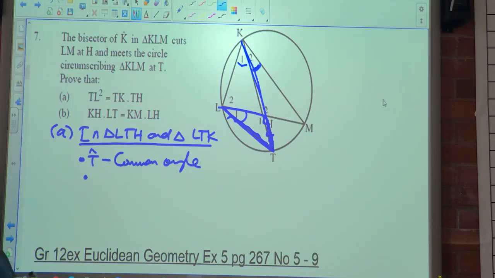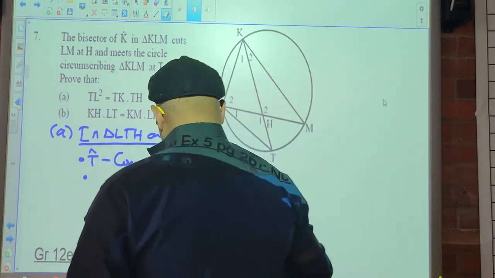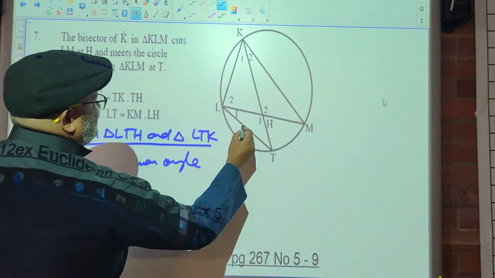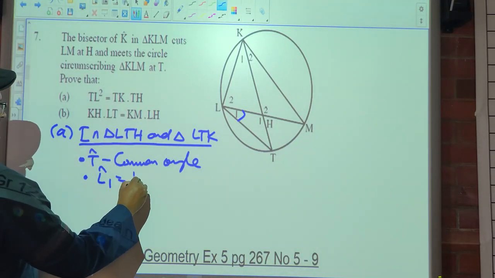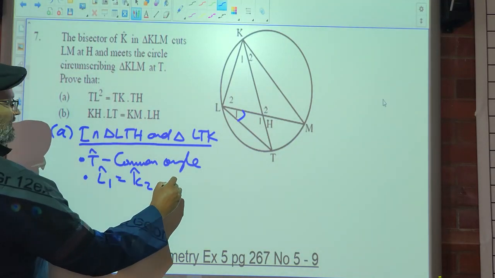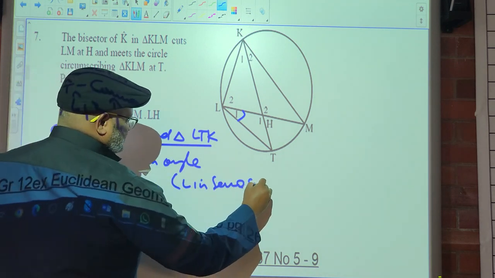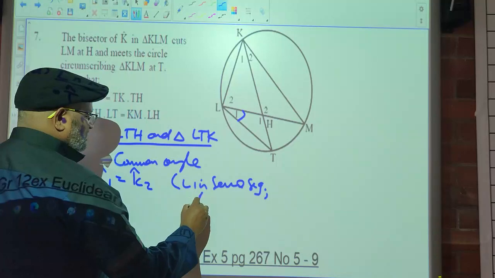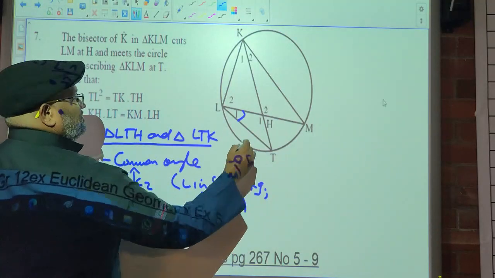So therefore, K1 has to be equal to L1. You all okay with that? So we're saying that L1 is equal to angle K2. Why? Angle in the same segment, coming from arc MT.